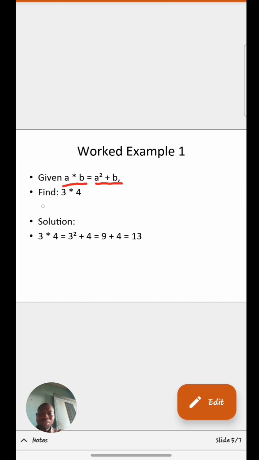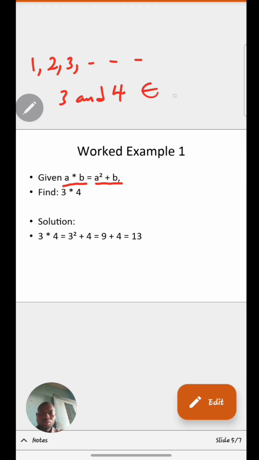You know natural numbers start from 1, 2, 3, and so on like that. So let's say the elements we are given here, the 3 and 4, are elements of natural numbers.